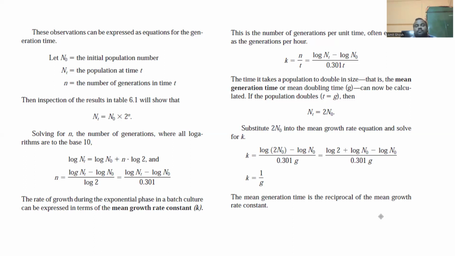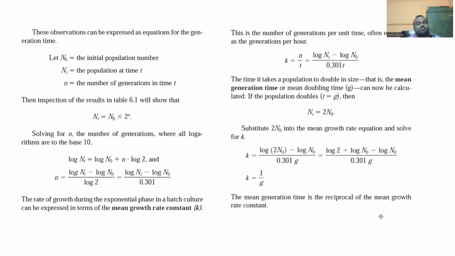If the population doubles, then t is equal to G; generation time is actually the doubling time. So we can write Nt is equal to 2N0, from the previous equation Nt is equal to N0 into 2 to the power n. If we substitute this into the mean growth rate equation and solve for K, K is equal to log 2N0 minus log N0 divided by 0.301 G. In the previous equation, K is equal to log Nt minus log N0 divided by 0.301 t.